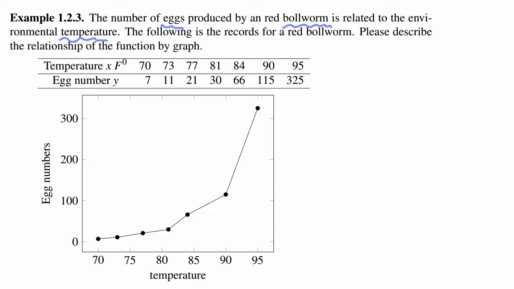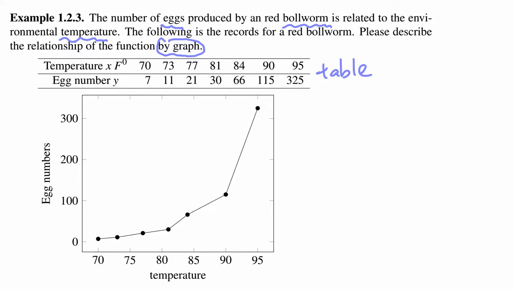And the following, you see, is a table. This is a table. The following is the records for a red bollworm. It asks us to describe the relationship of the function by using the graph.